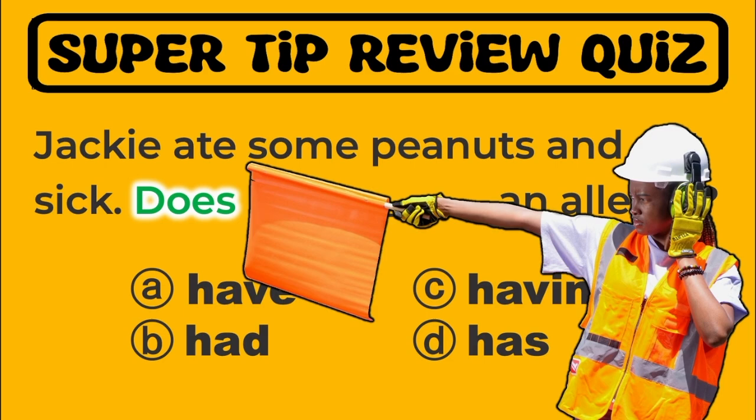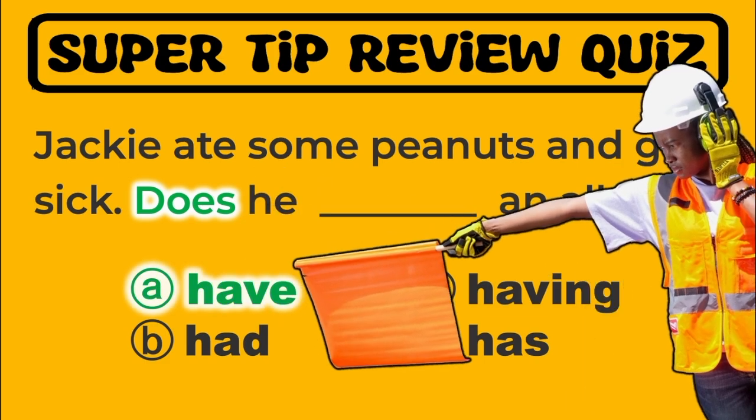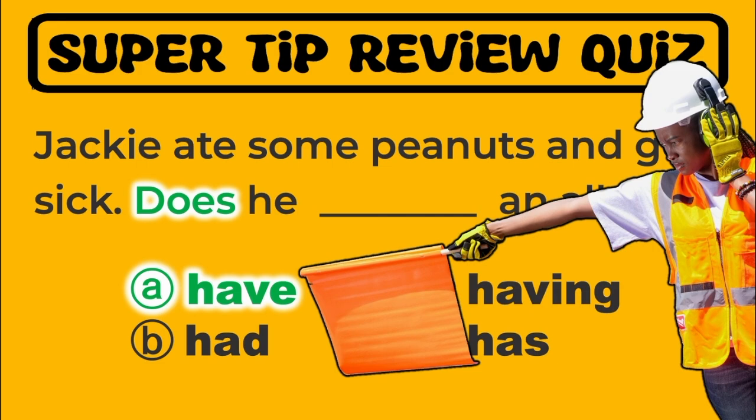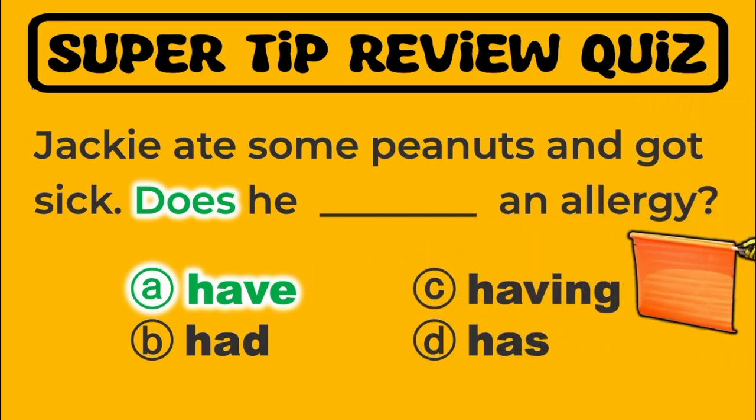It's the word that shows us where to go. It shows us the right direction. Our signal word is does, which comes from the do family plus verb 1. Okay? Find the signal word and you will always find the right answer.